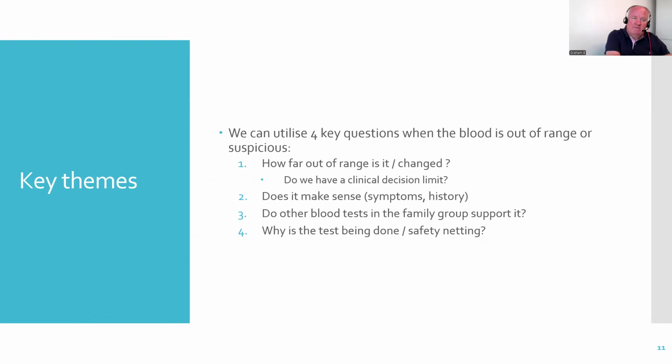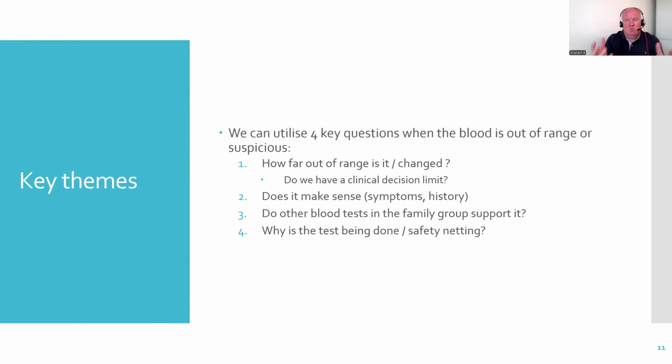So a borderline value in an annual review might be different to somebody who presents symptomatically with the same borderline value. So we might look at symptoms, we might look at annual reviews, long-term condition management. It might be started on a statin, and we'll have a look at your liver markers changing. So knowing why the blood test was done is really, really important.